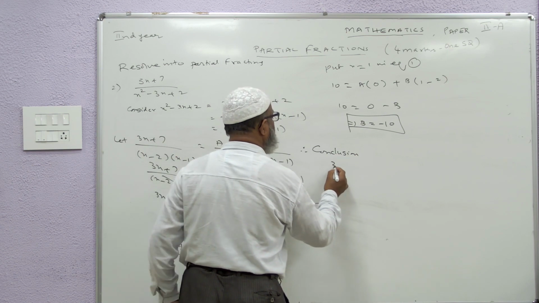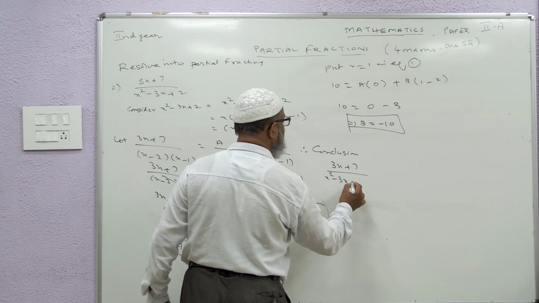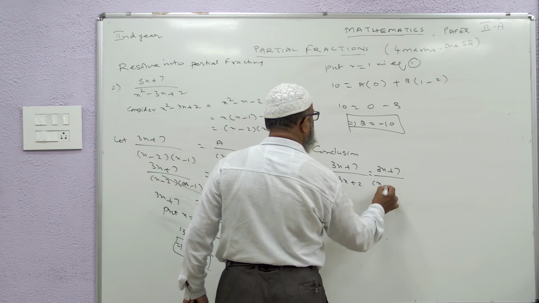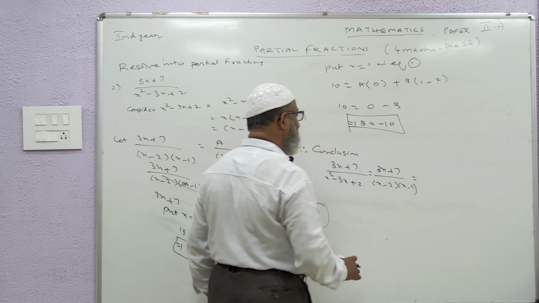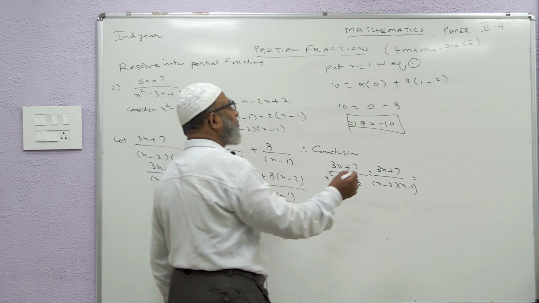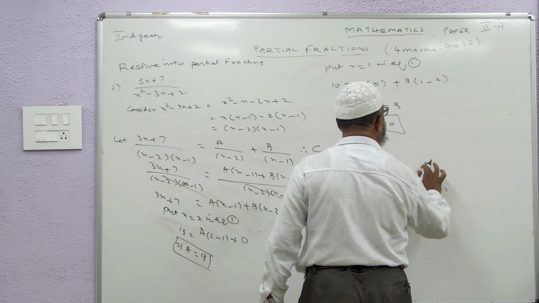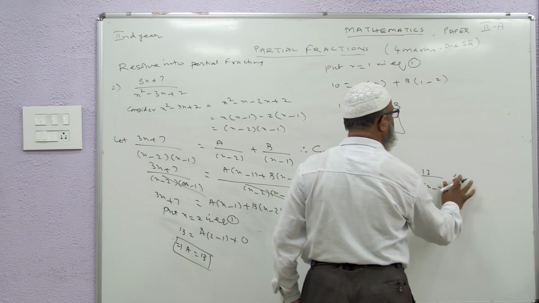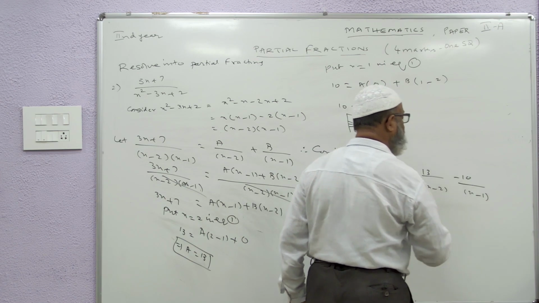What is the conclusion? (3x + 7)/(x² - 3x + 2) = (3x + 7)/((x - 2)(x - 1)), which is equal to a, what is a? 13, so 13/(x - 2), plus b, what is b? -10, so this is nothing but -10/(x - 1).